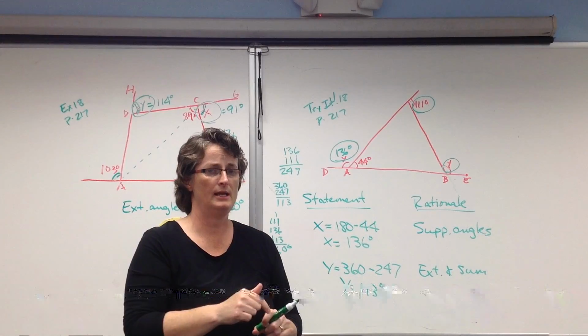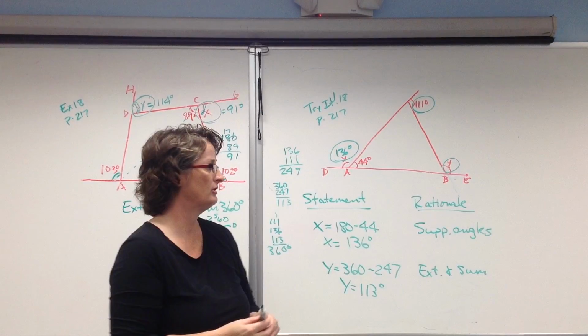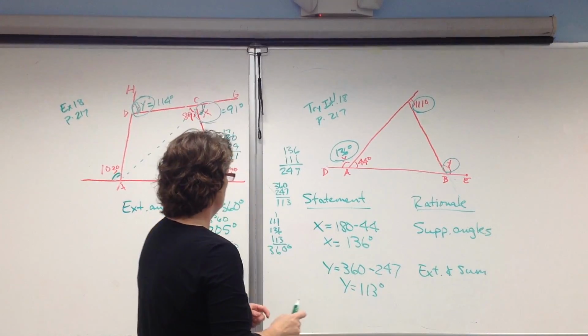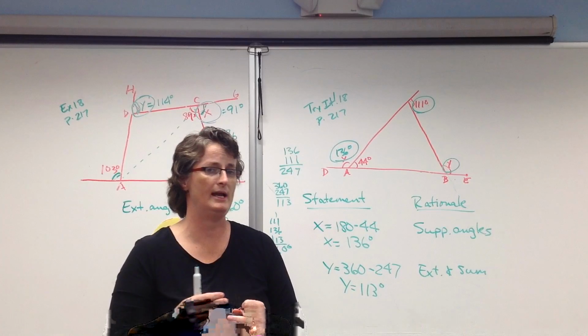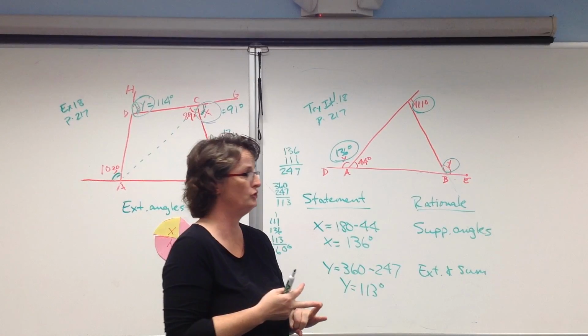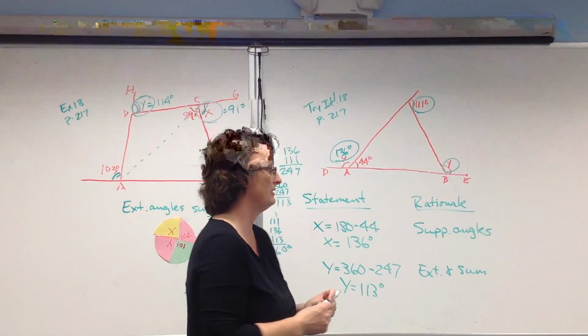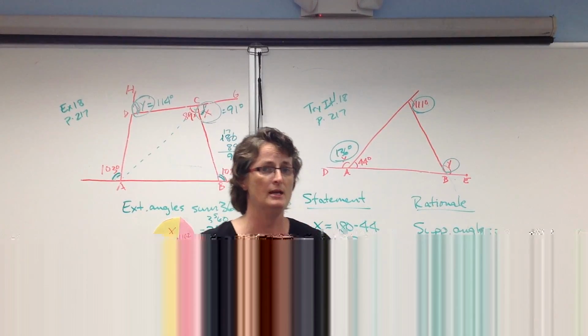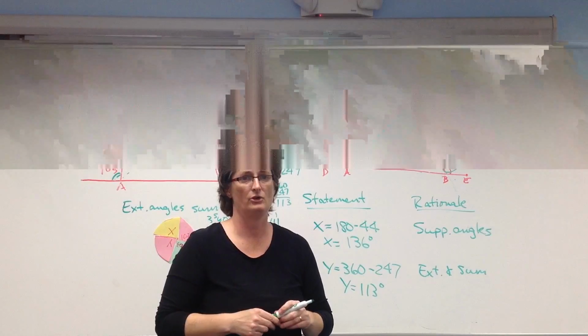For Monday's homework, and you started on this in class, you are to do the problem on page 219. You are going to do number 3 on page 219. And don't forget that you also have Academy that's due on March 4th when the next assessment is also taking place.